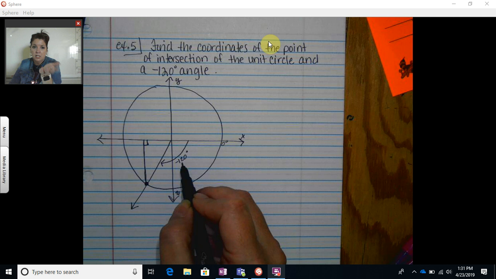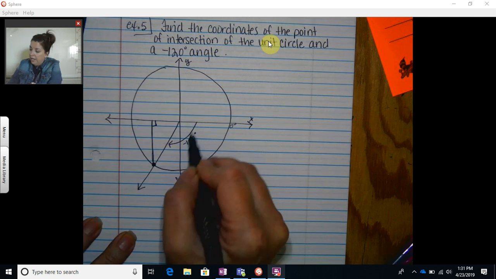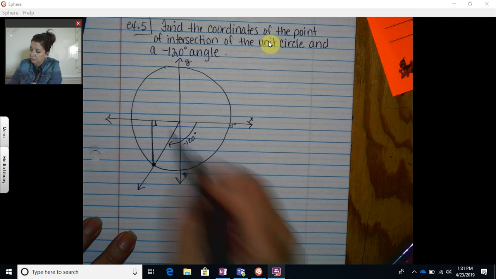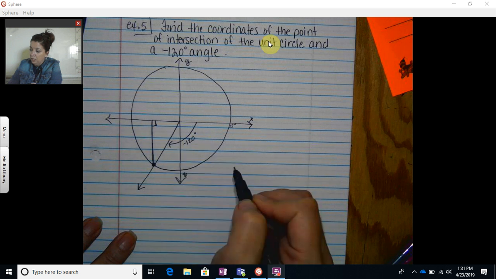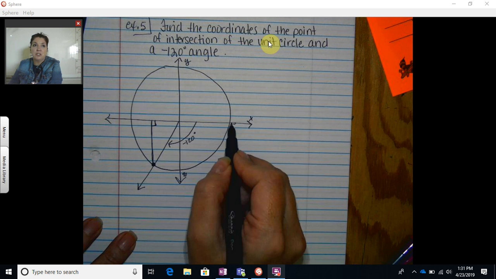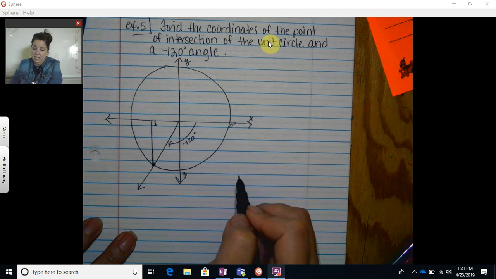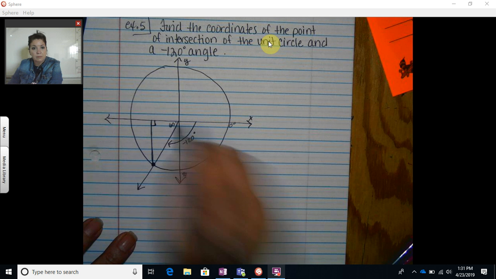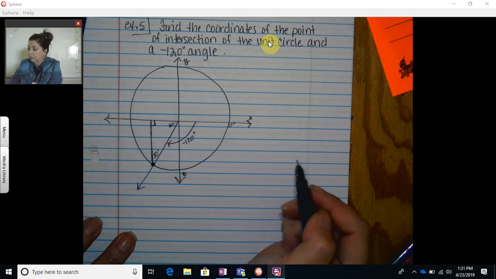So if it's 120 degrees from here to here, how far is it from this terminal side all the way back to the x-axis? How many degrees are left? You know, how many degrees are in a straight line? 180. So we have 60 more to go, right? So wouldn't that create a 30, 60, 90?